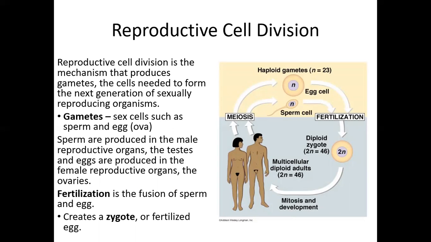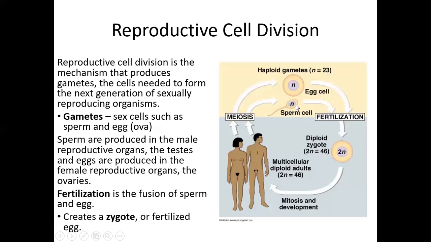The two gametes are sperm in men, eggs or ova in women. The sperm are produced in the male reproductive organs known as the testes. Eggs are produced in the female reproductive organs called the ovaries.